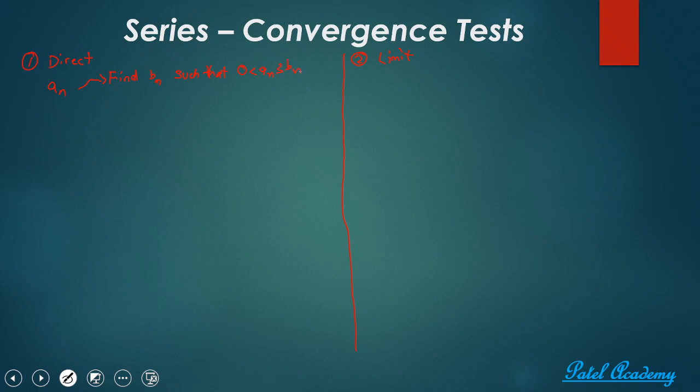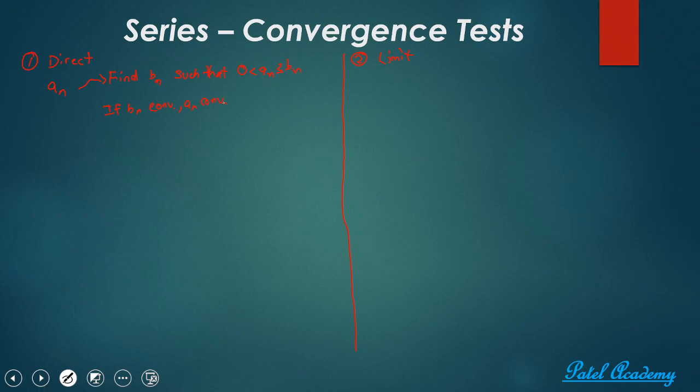So essentially this value b at n is always going to be greater than a at n. If you find such a b at n, if b at n converges, then a at n will converge. So essentially, if the larger one converges, the smaller series will have to converge.